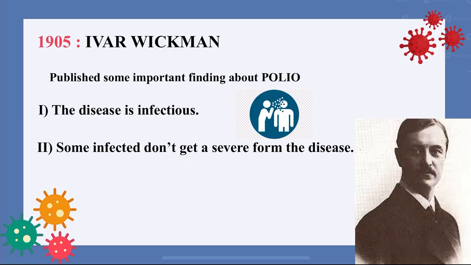He spoke about poliomyelitis, that the disease is infectious and some infected don't get a severe form of the disease. Like we discussed, in less than 1% we have paralysis and death, whereas up to 96% are asymptomatic cases. Is it clear? This is what he published in his thesis in 1905.